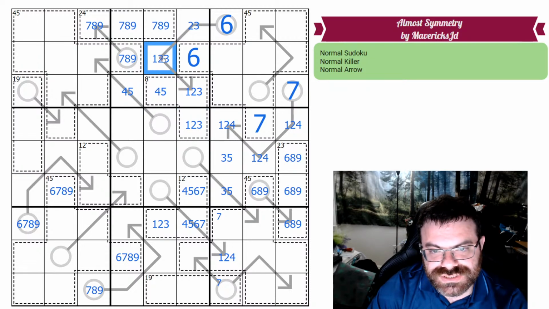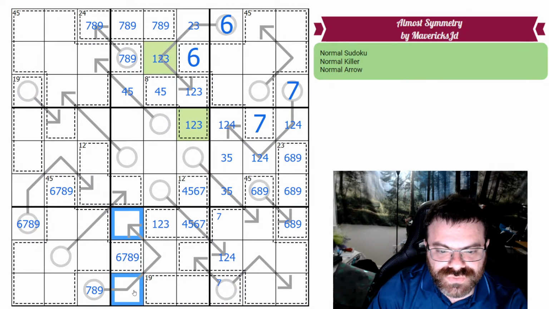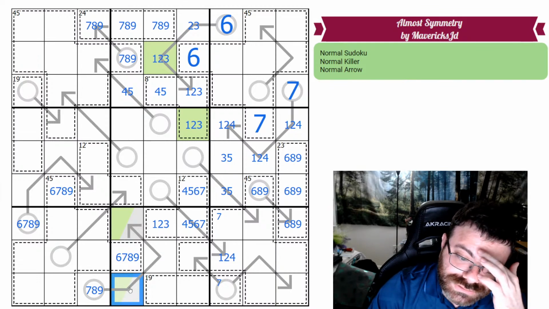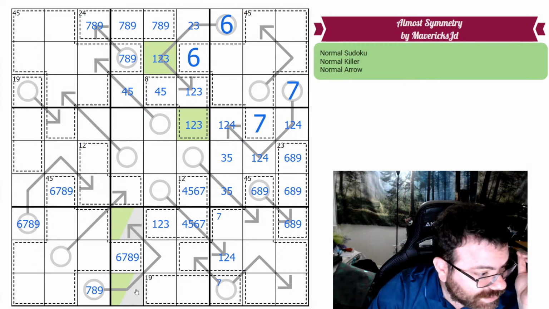It's true. This cell is the same as this cell. Might as well color that. So that means that there's a 1, 2, 3 down here somewhere. One of these two. Probably on the arrow. Well, it is on the arrow. So there's a 1, 2, or 3 on the arrow. Which, yeah. There would be.